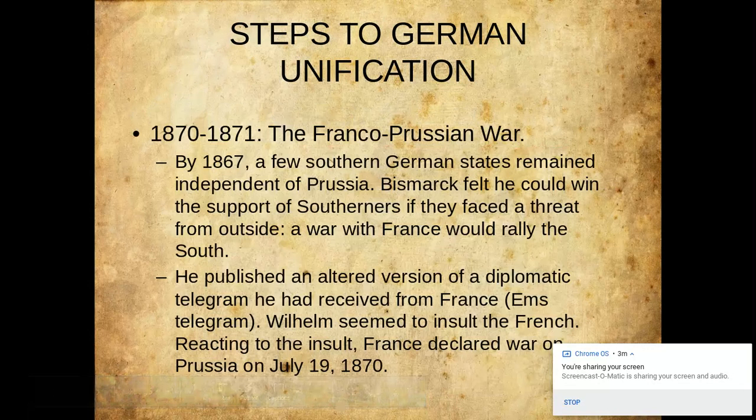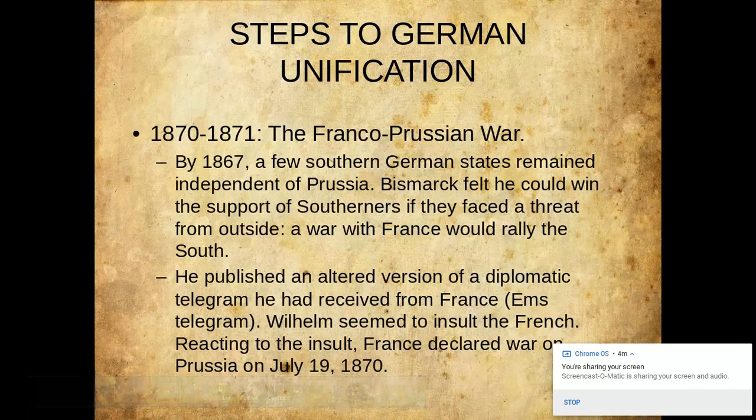By 1867, a few German states remained independent of Prussia. Bismarck felt he could win the support of Southerners if they faced a threat from the outside. Basically, a war with France would rally the South. The Southerners in Prussia did not like the French, so he needed to gain favor with them.